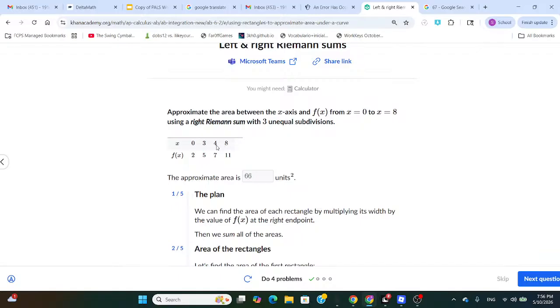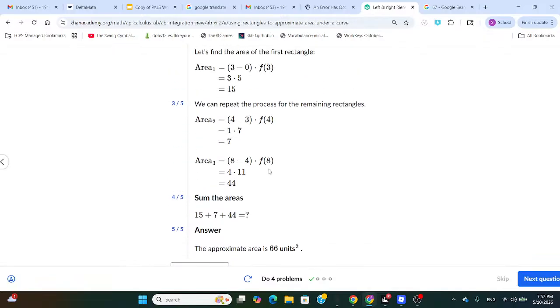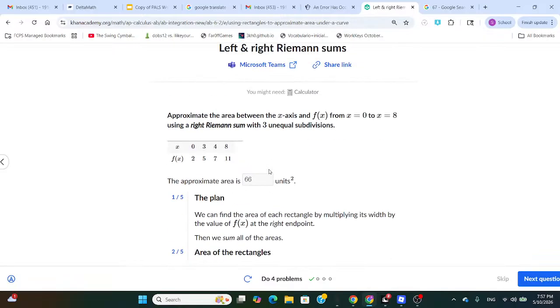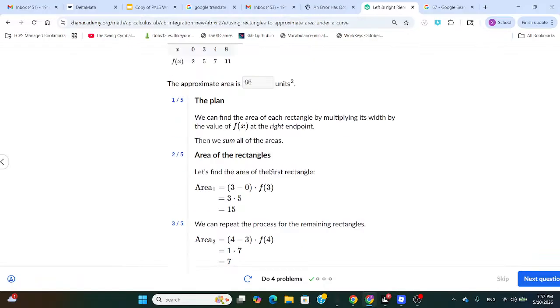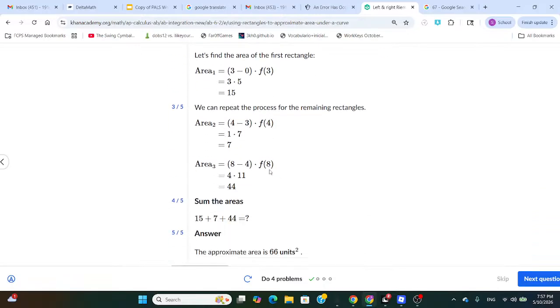And then 8 minus 4 is 4, times 7 is 28. And f of 8 is 11. 8 minus 4 times f of 8, 11.